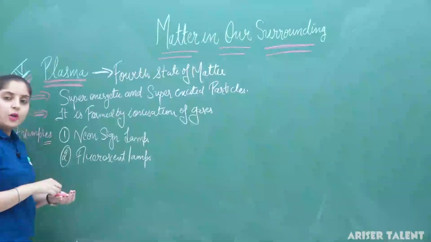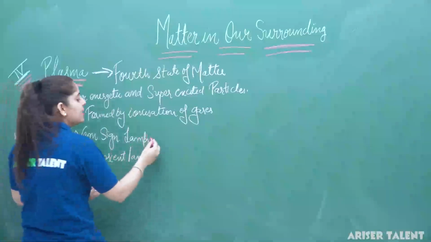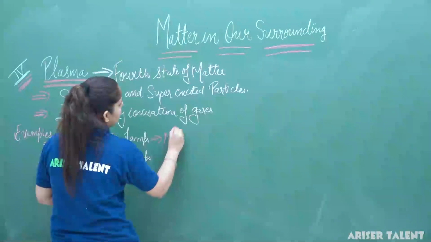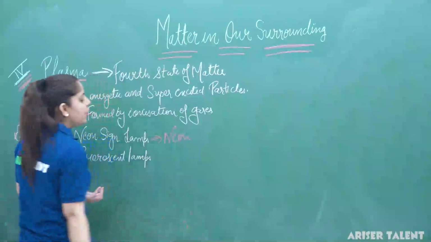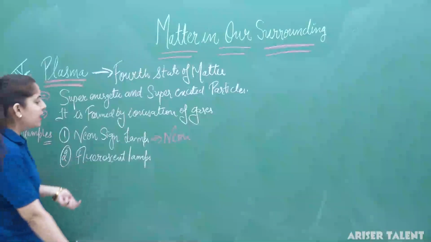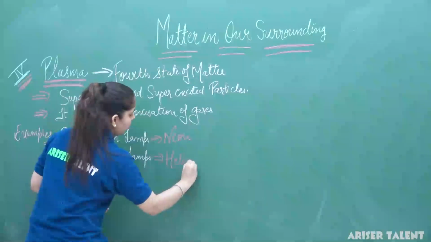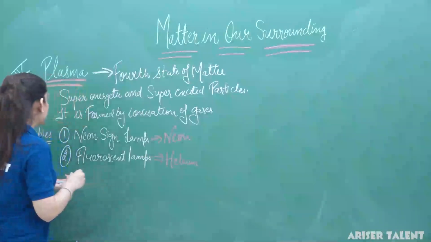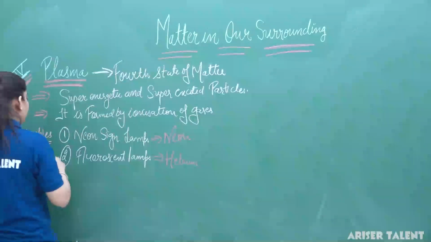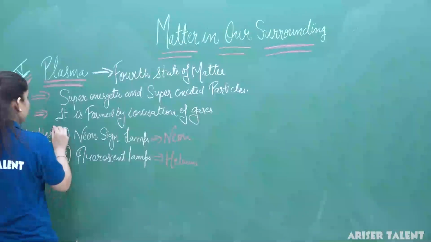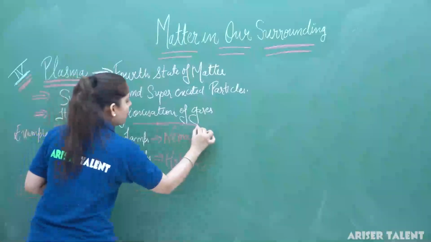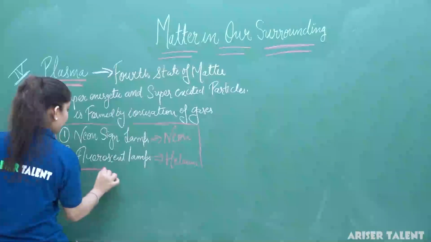Neon sign lamps basically consist of neon gas, and in the case of fluorescent lamps we have helium gas. It is very important to learn which gases they possess. So they have a constituent of neon and helium gas.